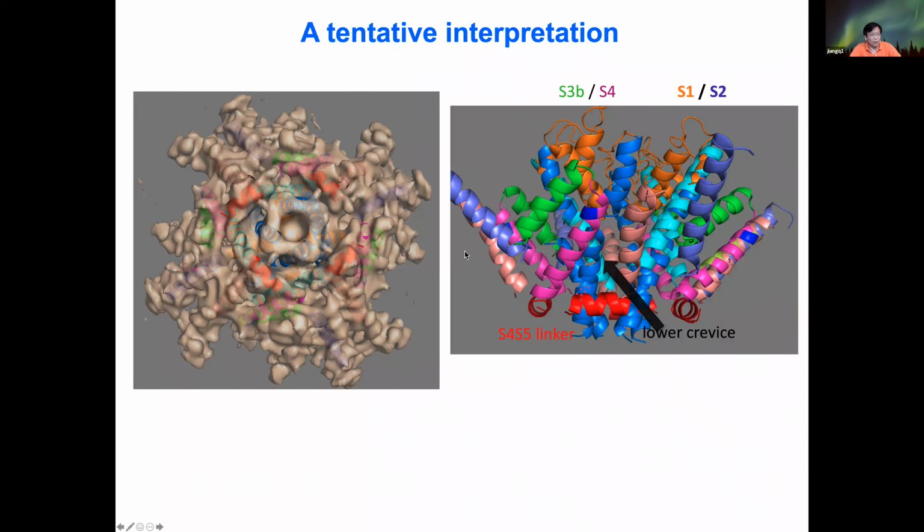But with the structural information we know about this channel, we were able to build a tentative model. This is the voltage sensor part, S4 and S3. As we can see from this tentative model, S4 moves vertically about 10 to 15 angstroms, such that it switches from facing outside to facing the intracellular side.